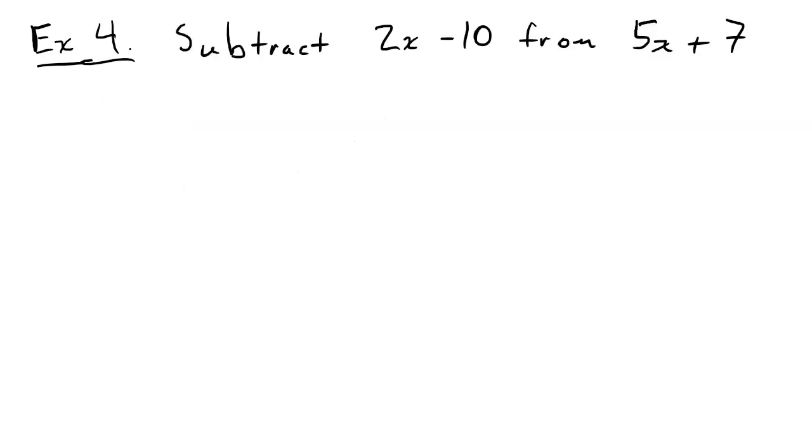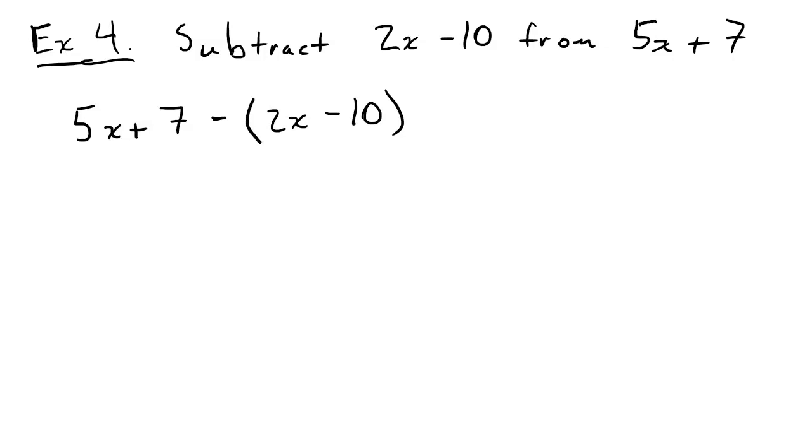Here we have a word problem, or more like an algebraic phrase that we want to translate into an expression. So we want to subtract 2x minus 10 from 5x plus 7. So we start by just writing 5x plus 7, and then we put minus parentheses 2x minus 10.